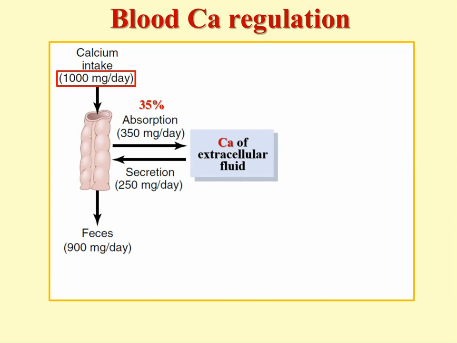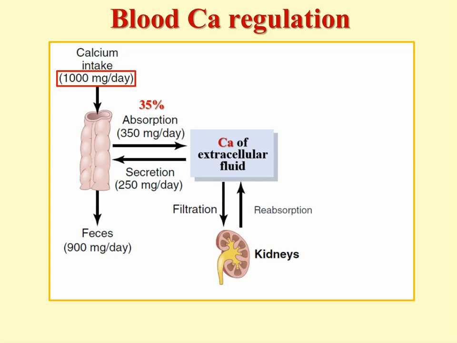Loss of calcium from the extracellular fluid and from the body occurs mostly through the kidney. Calcium is easily filtered, at least the calcium in its ionic form, which is free in plasma. It passes through the glomerular filter easily, but then it should be reabsorbed. So, filtration and reabsorption.